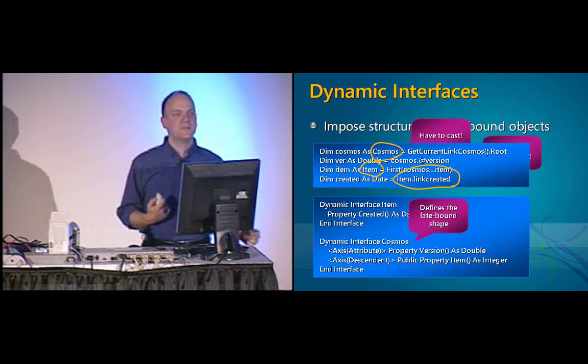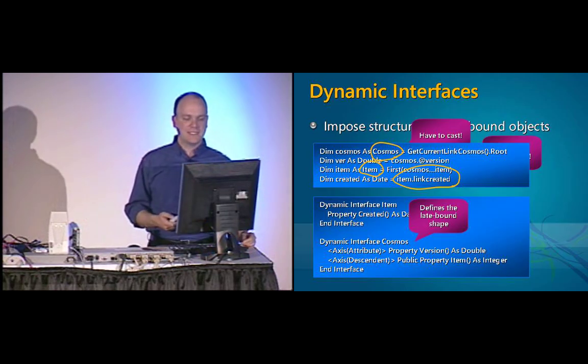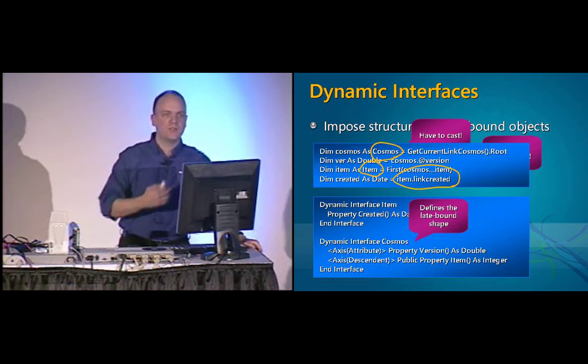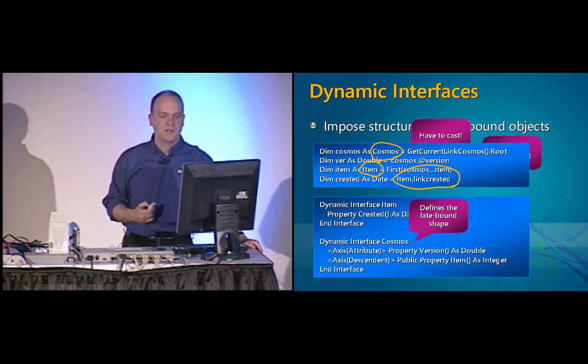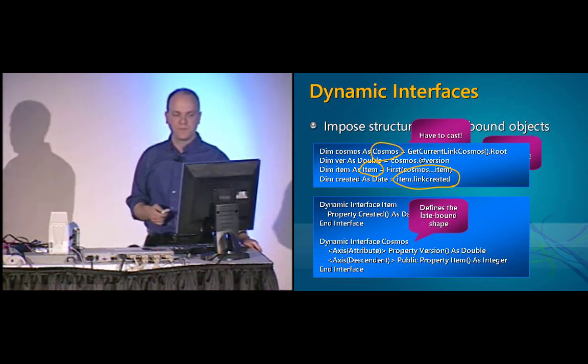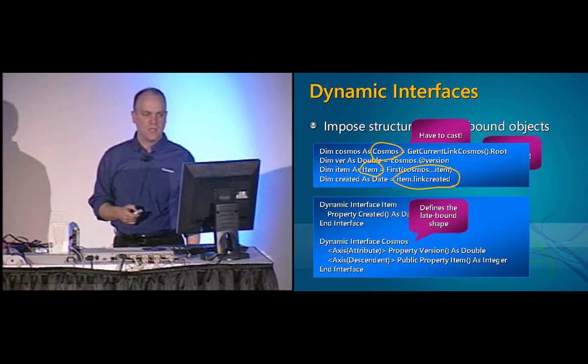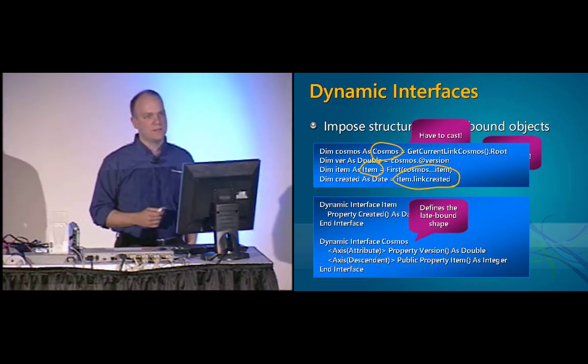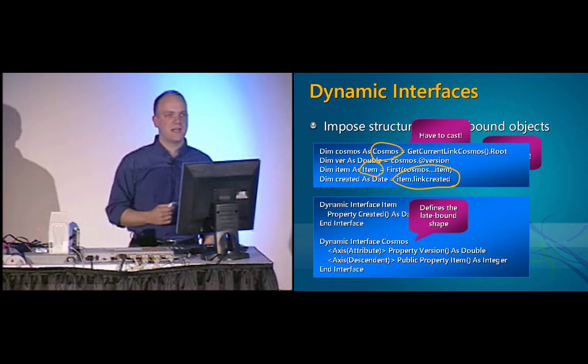So what this allows me to do is, if we go back to the original code, this is going to define the late-bound shape of this code that I just have at the top. So I can rewrite it now. And I can say, you know what? The root of this XML document is this dynamic interface Cosmos.